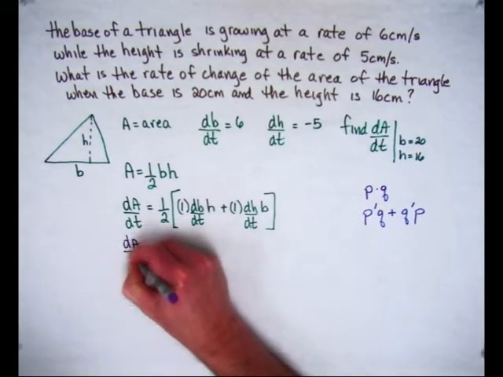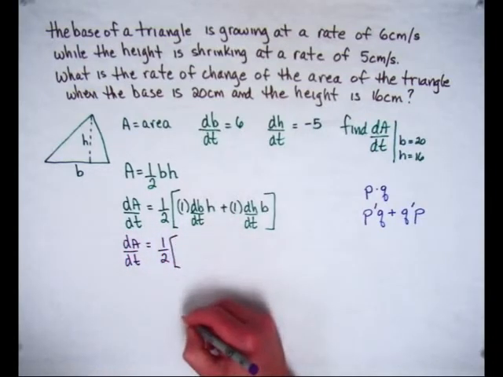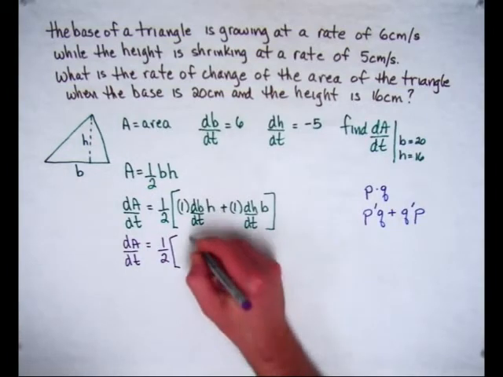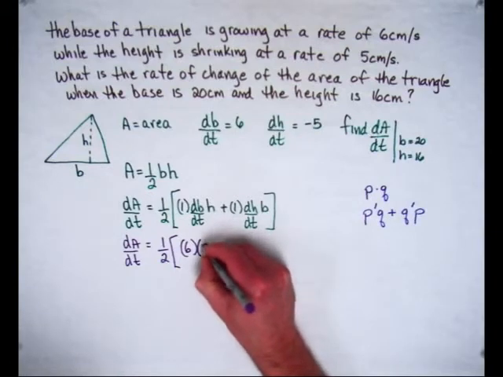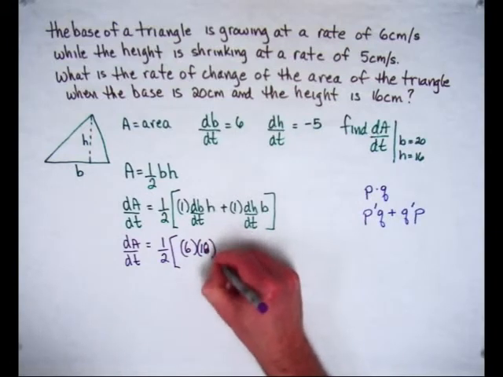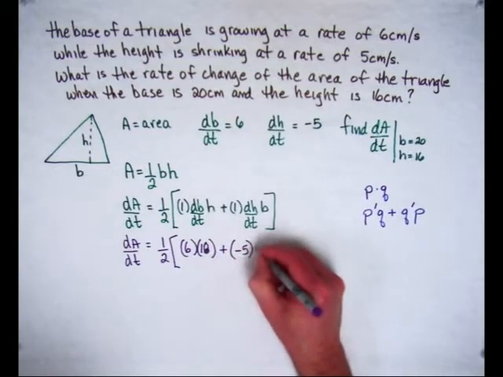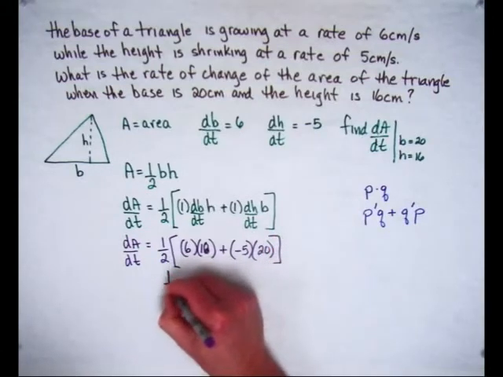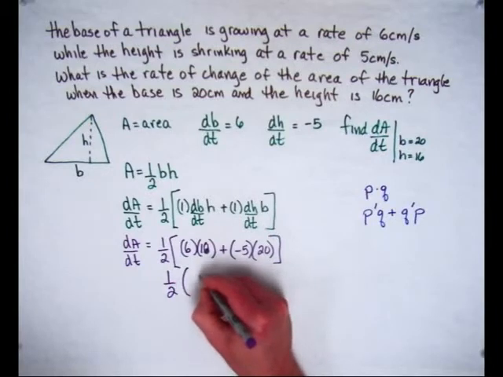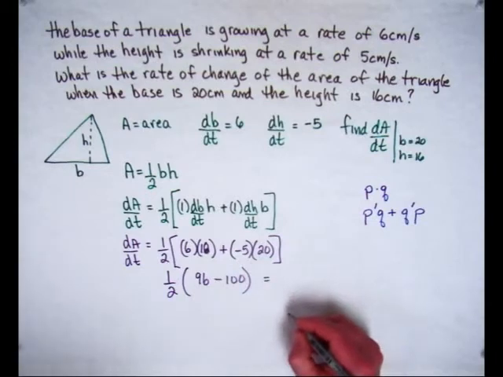So dA/dt will be 1/2 times the rate of change of base, which is 6, times the height, which is 16, plus the rate of change of the height, which is -5, times the base, which is 20. So we're going to get 1/2 times 96 minus 100, which is 1/2 of -4, or -2.